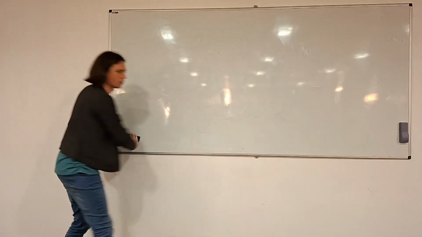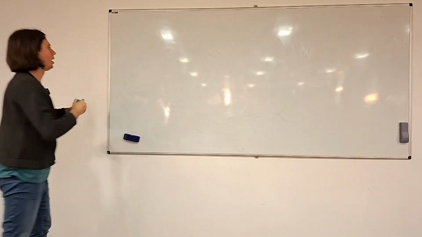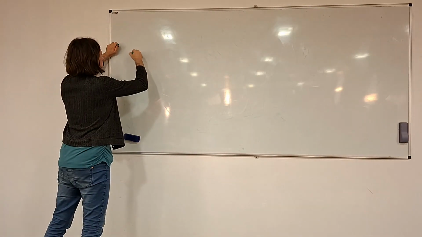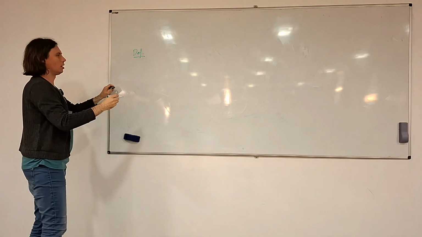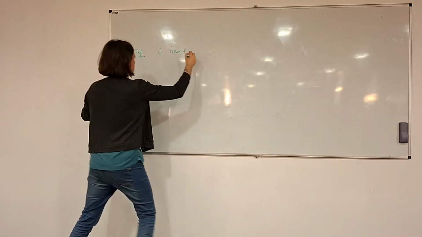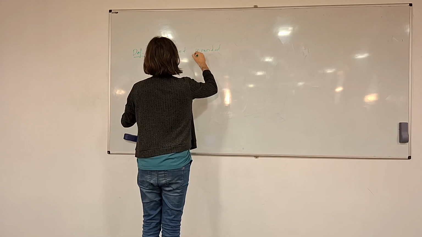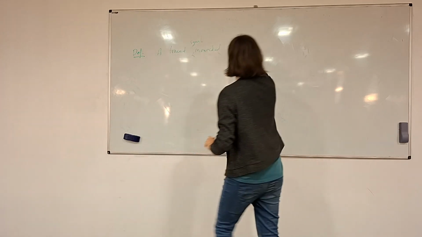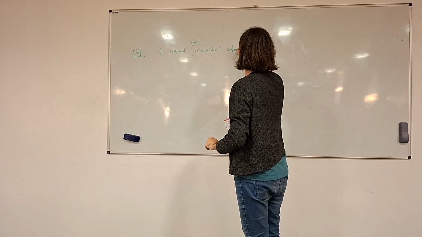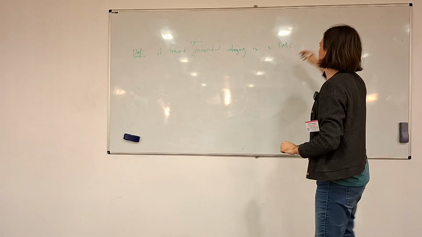Okay, so I'm going to talk about traced monoidal categories. A traced symmetric monoidal category is a symmetric monoidal category plus an operation.